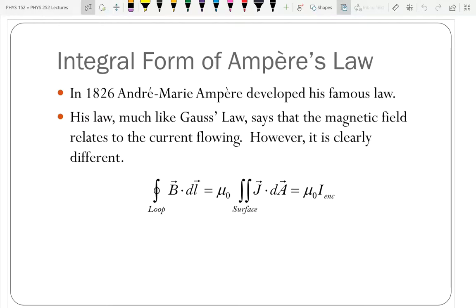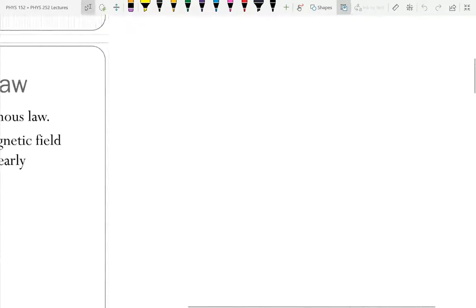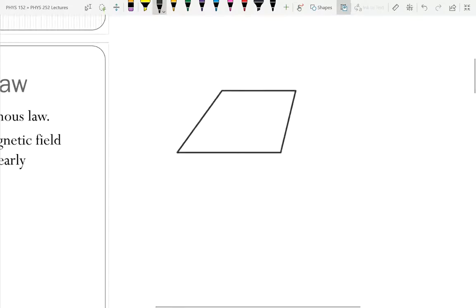You had a question, Alex? I'm just trying to figure out, so the dA is going along the wire? Okay, you have a loop. Let's say your loop is just a rectangle. And then your dA would be a little dx dy.